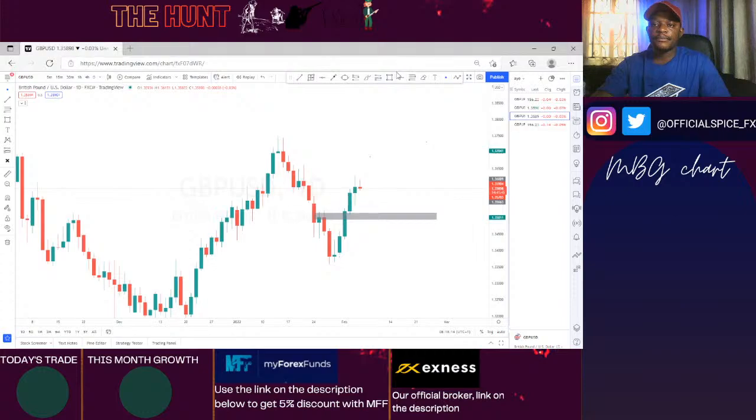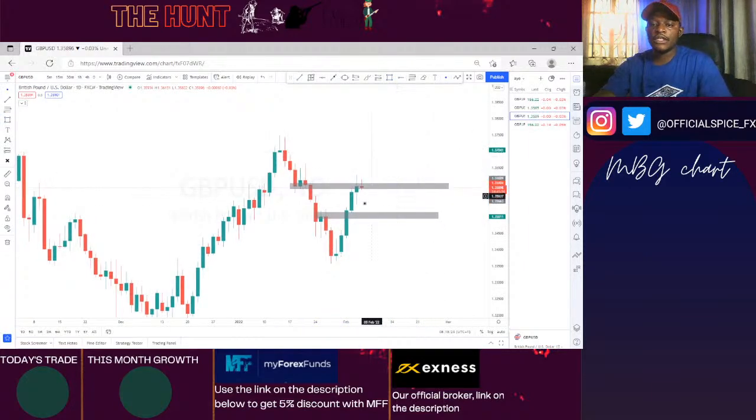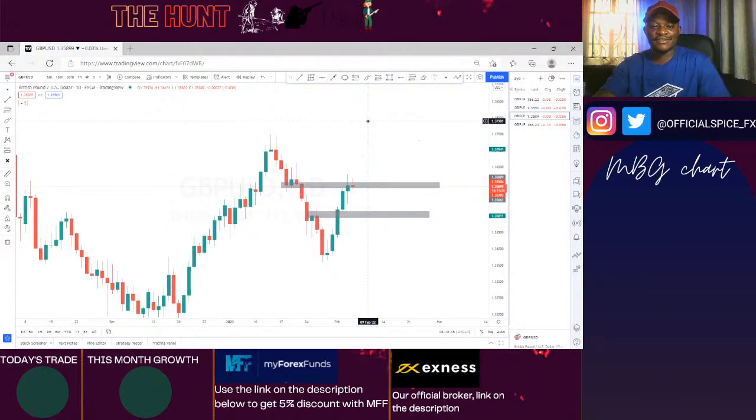And of course we have the zone right here, which price is currently rejecting. So what could possibly happen right now is price coming to this point here before bouncing. Please guys, don't mind my drawing, I am not very good at that.